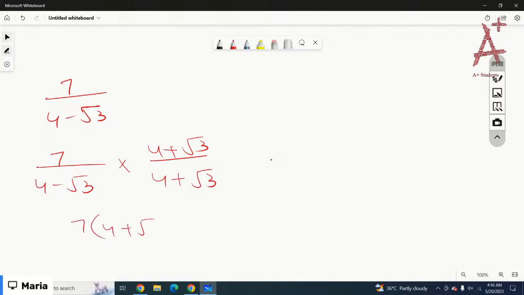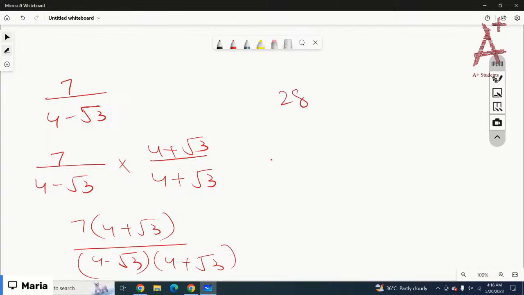It would be 7 times 4 plus square root 3, over 4 minus square root 3 and 4 plus square root 3. It would be 7 times 4 is 28, and 7 square root 3 divided by 4 square minus square root 3 square.